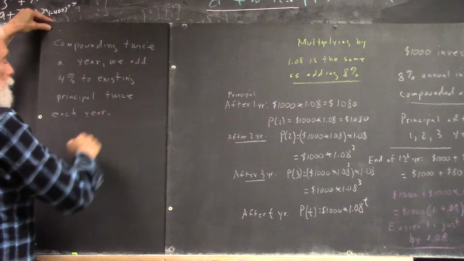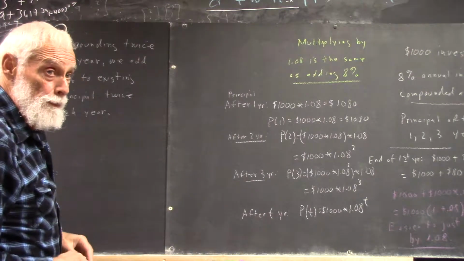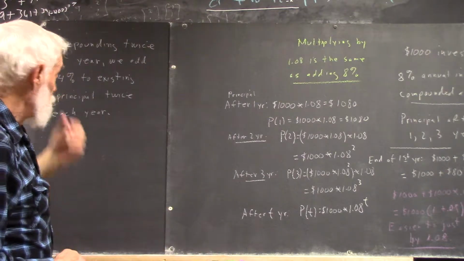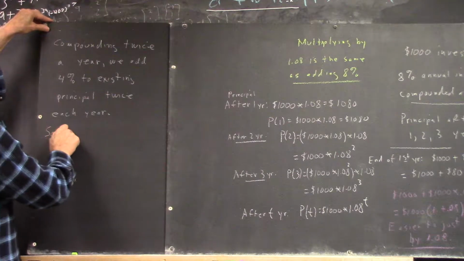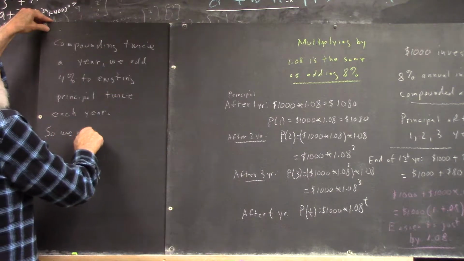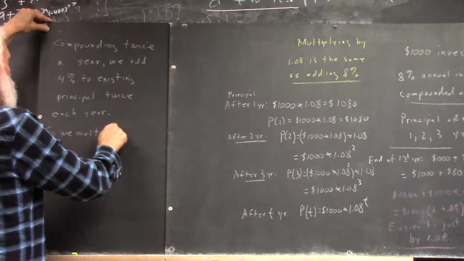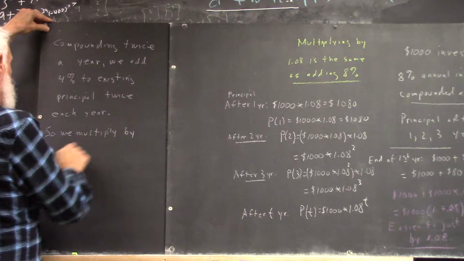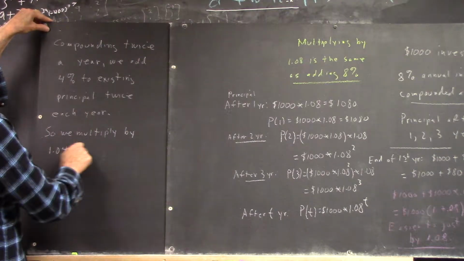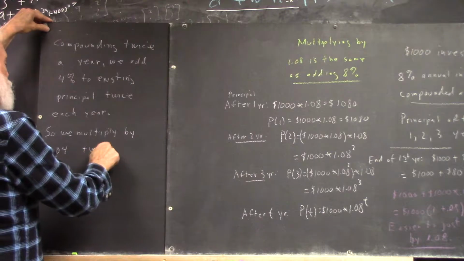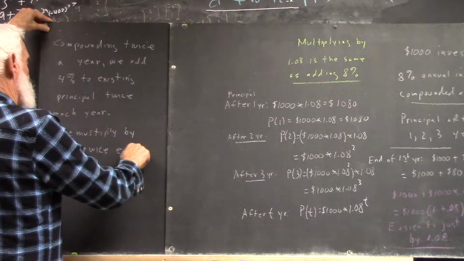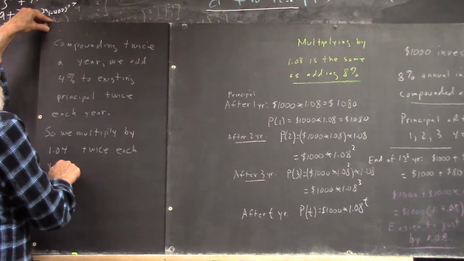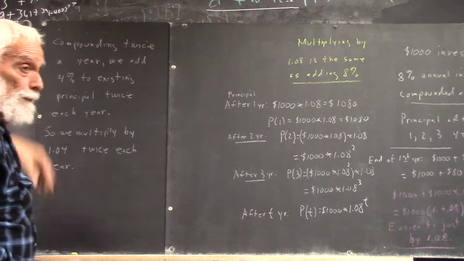Once after 6 months and once at the end of the year. Okay? So what do we have then? Well, we multiply by 1.04 twice each year. Okay?